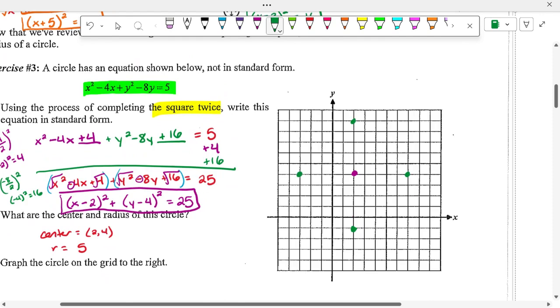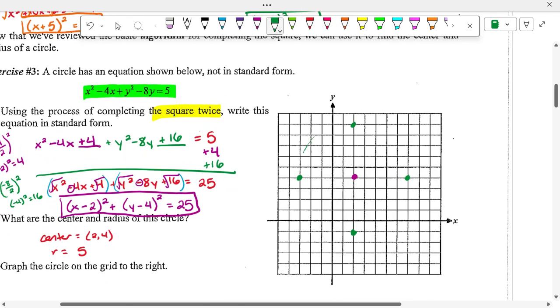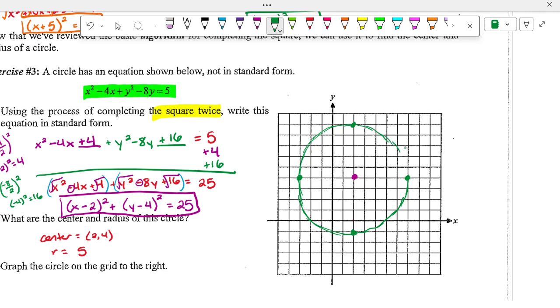So don't connect them per se. You just kind of draw the circle that goes through all 4 of those points. It doesn't have to be pretty. Just get it as best you can. So all those points do is they just give you a reference of what points your circle is going to go through, so you can get it as close as possible.